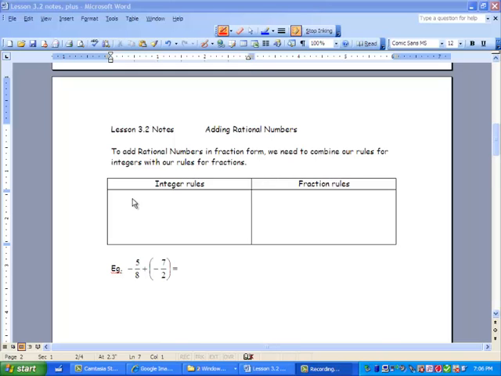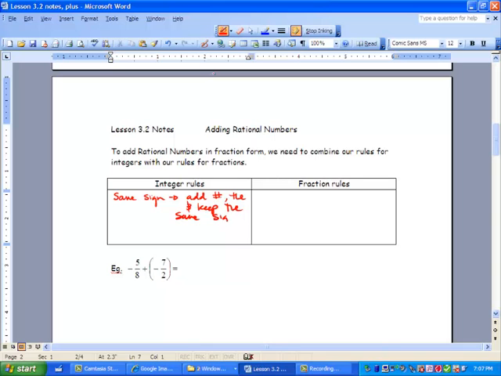So, integer rules: when we've got the same sign, so two positives or two negatives, we add the numbers and keep the same sign.